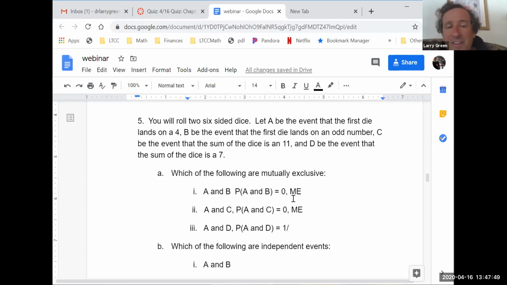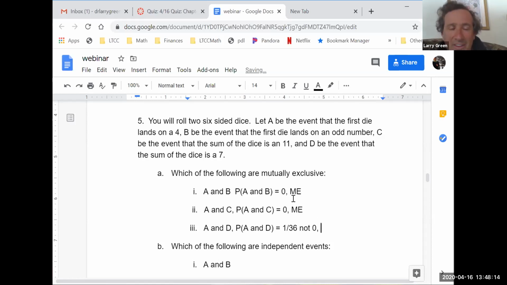How many different possibilities are there for that first die? There's 6. Okay, and for the second die, there's also 6. So for each of the first die, there's 6 of the second. So 6 times 6 is 36. So the denominator is 36. That is not 0.